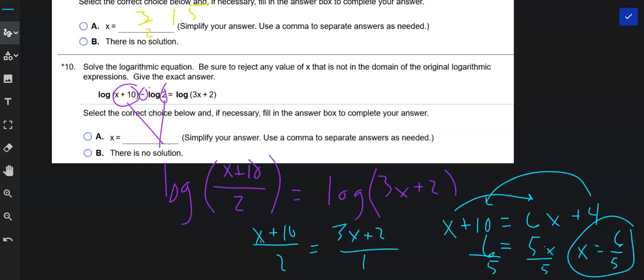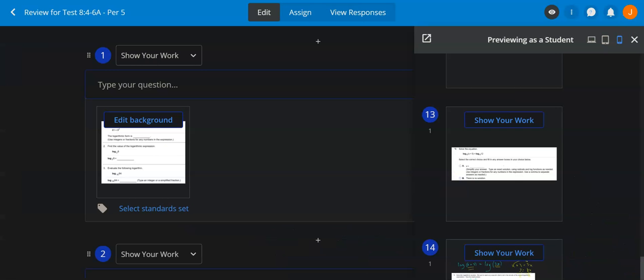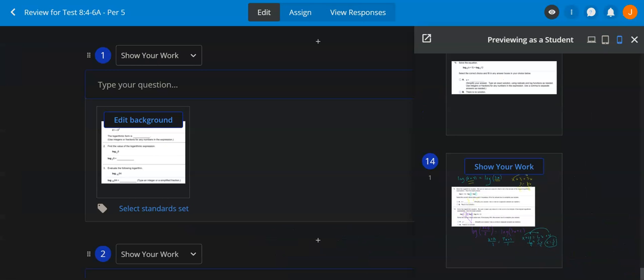That should be good. Hopefully I've done everything correctly. And is this page 14, please say it is? Yeah, that was page 14, and we're done with the questions that I've been asked about from the review for test 846A.